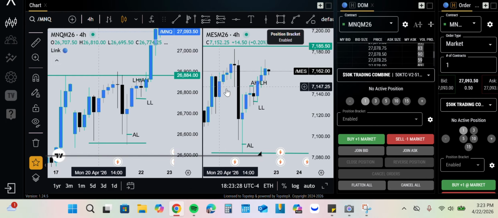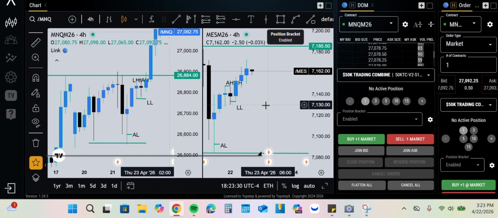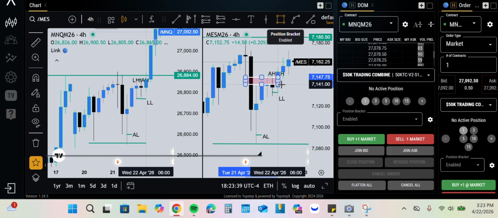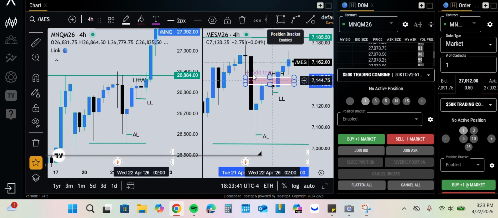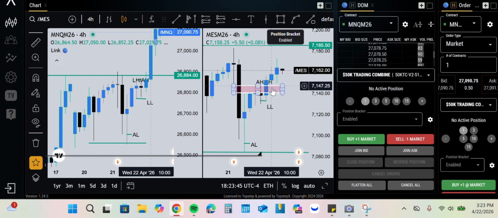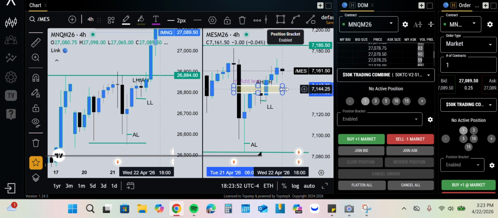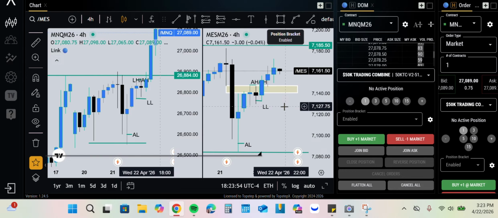However, notice on MES, we have a fair value gap right here that was formed yesterday between our 6 a.m. and 10 a.m. candle. So I'm going to mark that out, and I'm actually going to use yellow, it's just preference, for my 4 hour fair value gaps. Alright, so we have a fair value gap. Sweet.